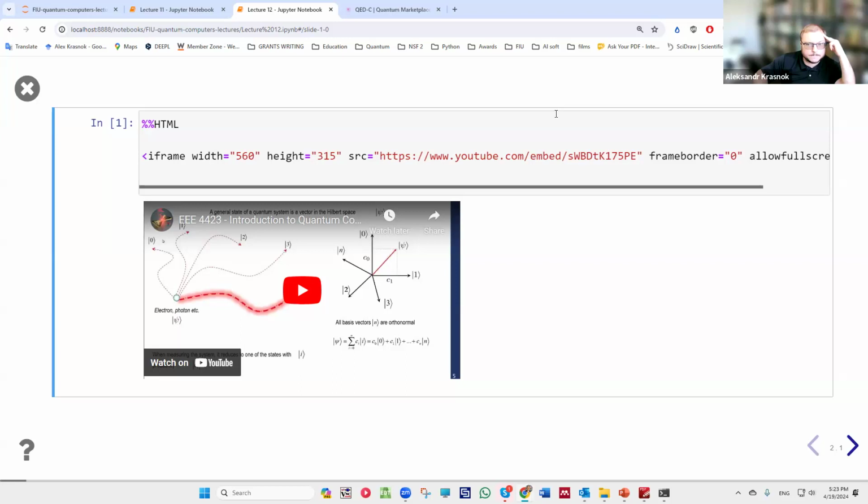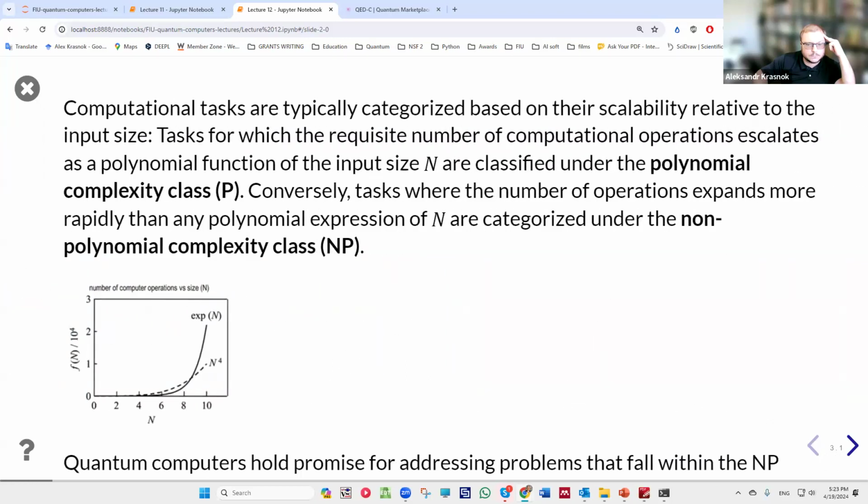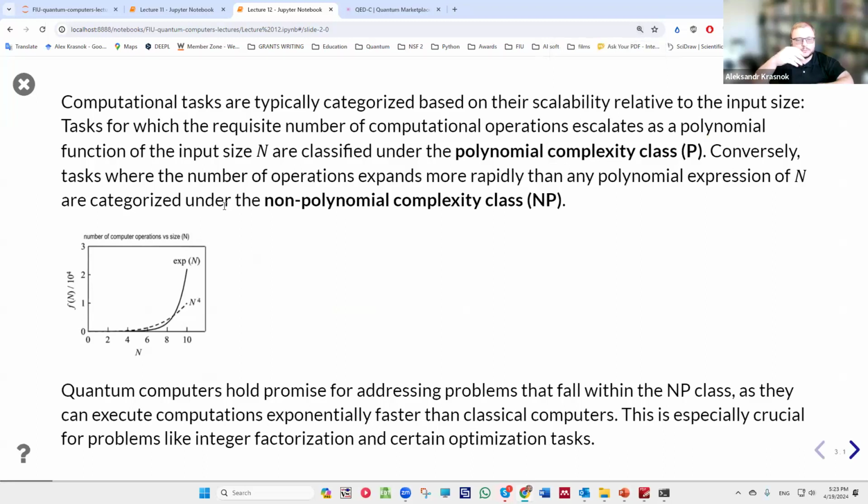Just to refresh: why do we need a quantum computer, what's so important about it? The main purpose of quantum computing is that with a quantum computer we can solve a fundamentally different class of problems than those solved by a classical computer.